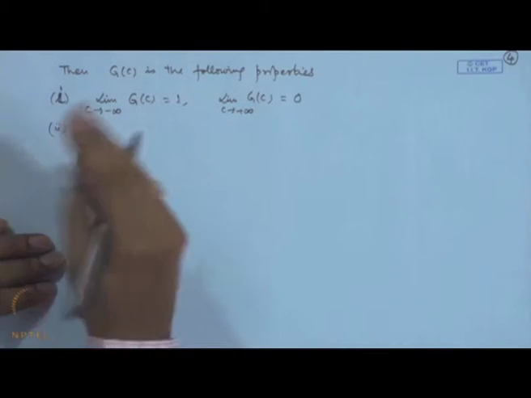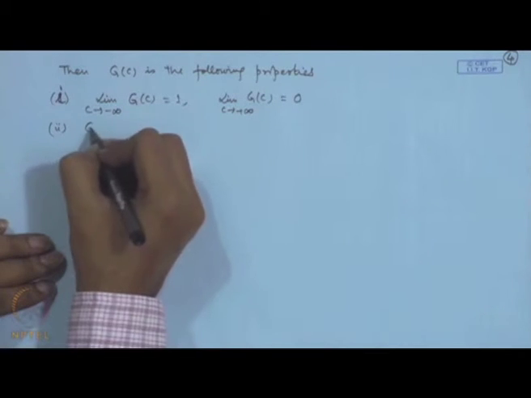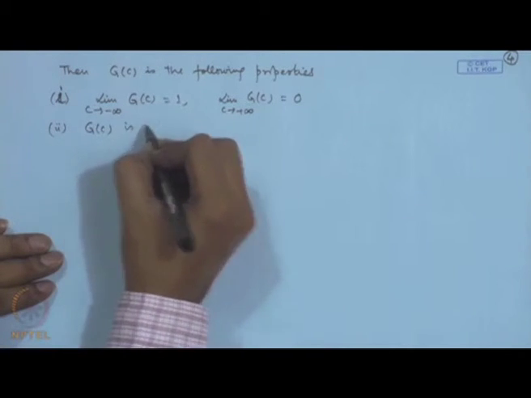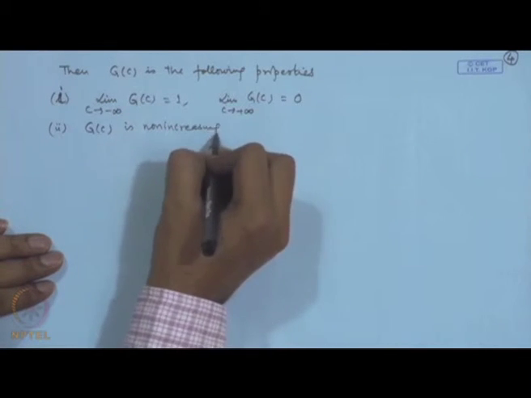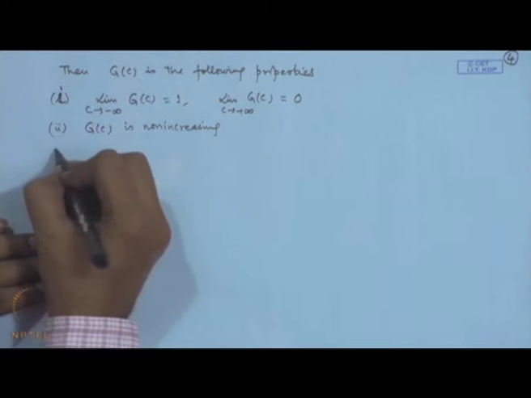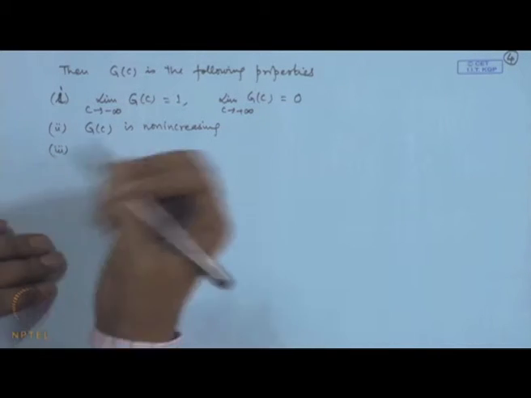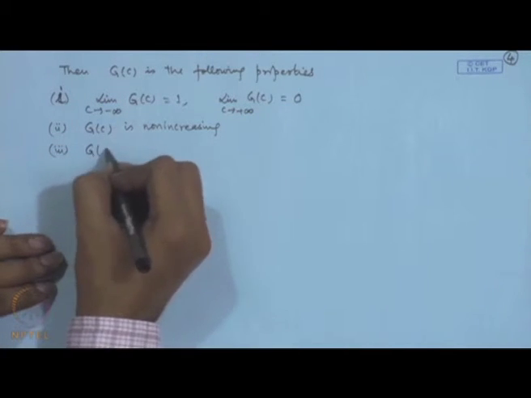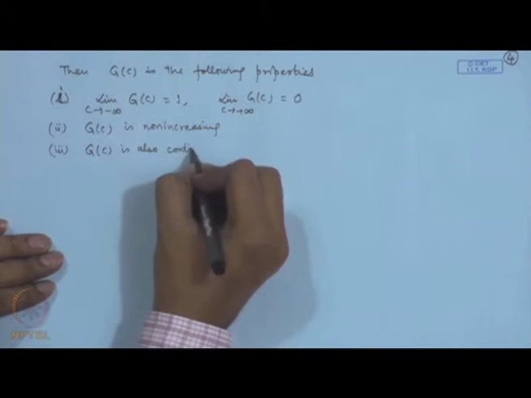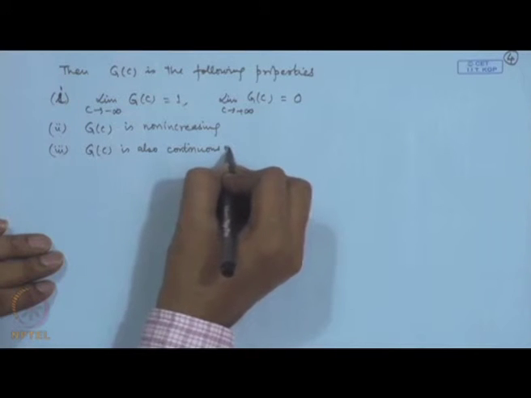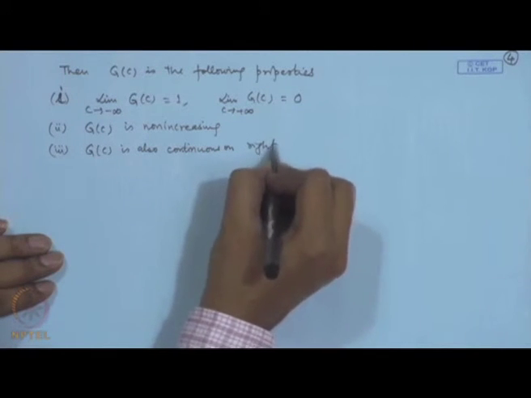Then 1 minus G(c) is a non-decreasing function. So, G(c) will be non-increasing, and 1 minus G(c) is continuous on the right. So, G(c) is also continuous on the right.